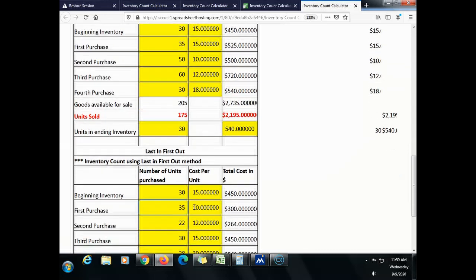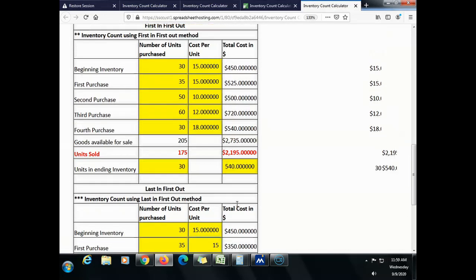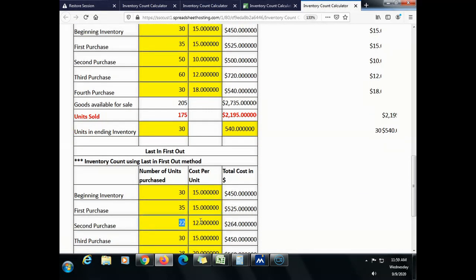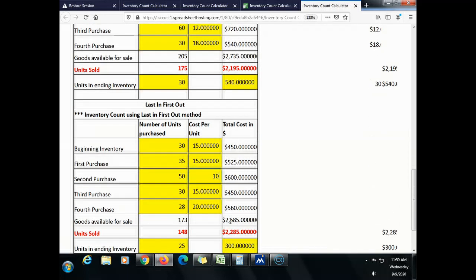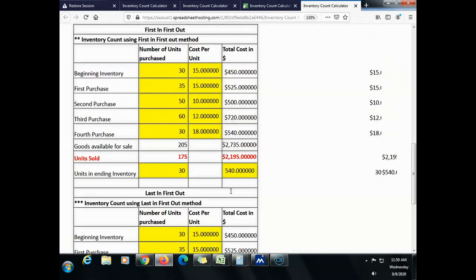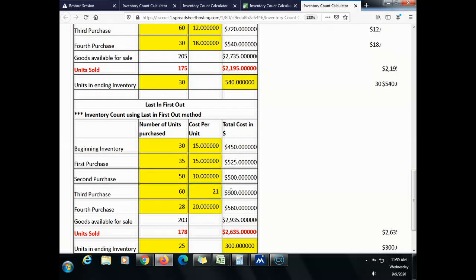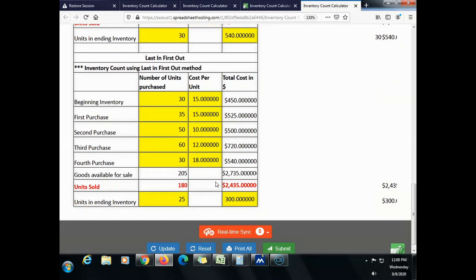Second invoice, you've got 50 units, $10 a unit. Third invoice, 60 units, $12 a unit. And on your last invoice, let's say you've got 30 units, $18 a unit. So your goods available for sale, a total of 205 units, valued at $2,735.